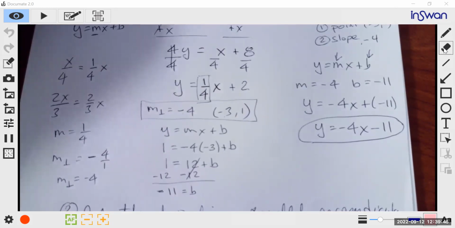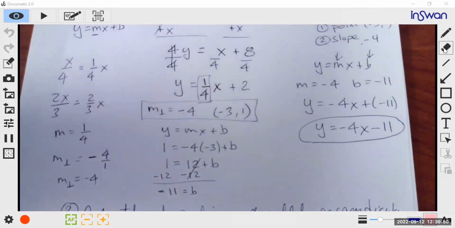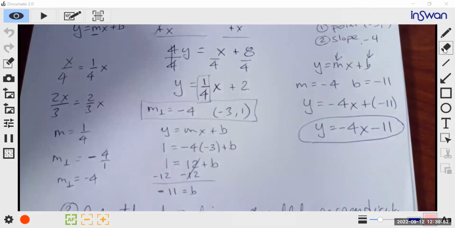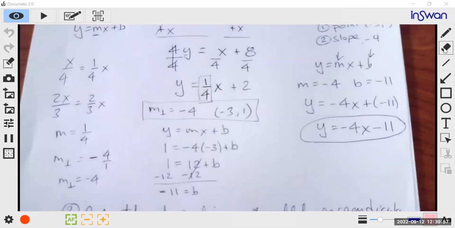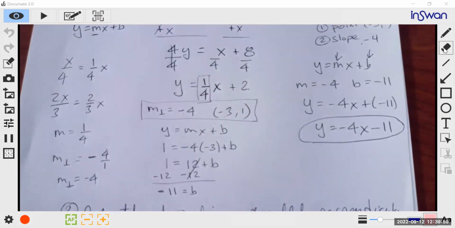It just takes practice. Trust me, I know how difficult it is to do your homework. But these are the steps. Once you know the slope, you have a point, just plug it in there, find b, and there you have it.